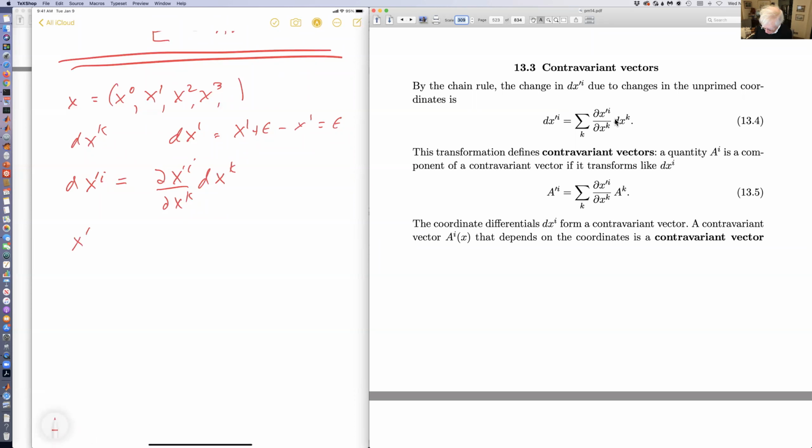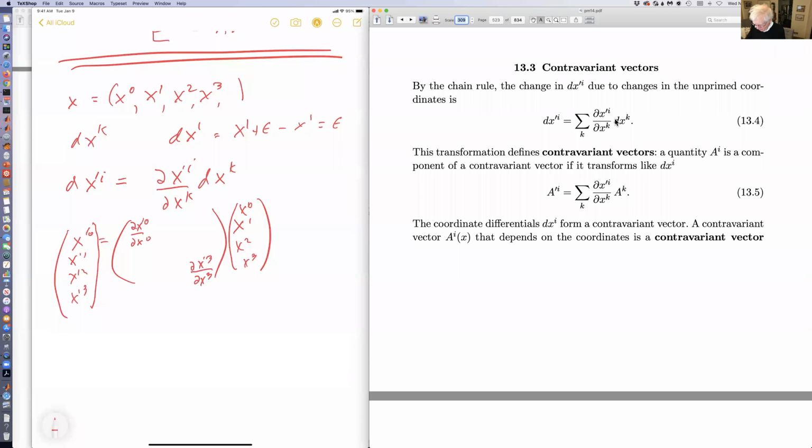So what we have is that x prime is equal to a certain matrix times x, this x being x0, x1, x2, x3, and this could be x prime 0, x prime 1, x prime 2, x prime 3. So this vector is that, and this matrix is, well, this one is partial x prime 0, partial x0. That's the upper left element, and this one would be partial x prime 3, partial x3, the very lowest one, and then you fill them in according to this.